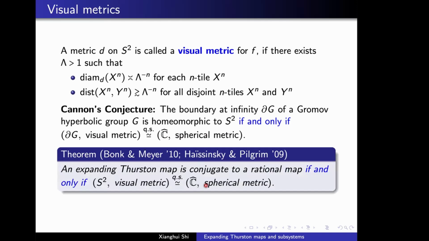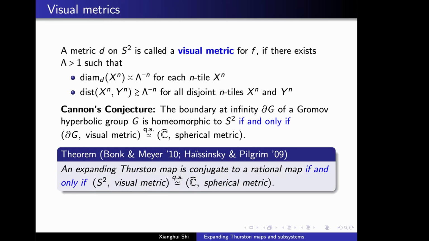Inspired by Sullivan's dictionary and the interest in Cannon's conjecture, Bonk, Meyer, and Haïssinsky and Pilgrim introduced the visual metrics for expanding Thurston maps and have shown that an expanding Thurston map is conjugate to a rational map if and only if the visual sphere S^2 equipped with a visual metric is quasi-symmetrically equivalent to the standard Riemann sphere. Okay. Well, this geometrical connection is interesting.